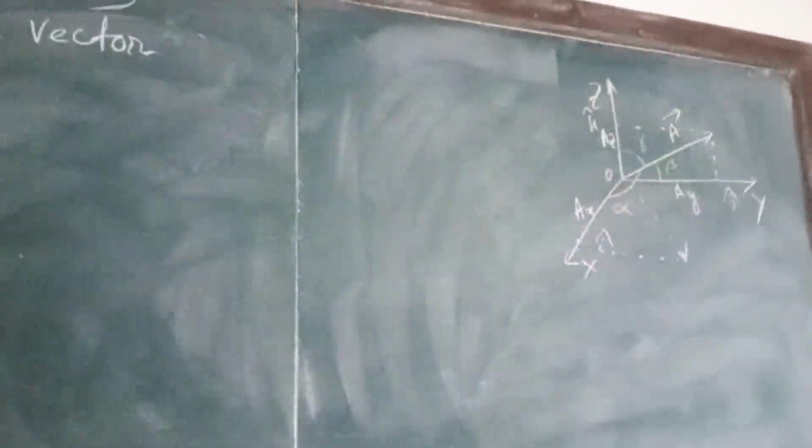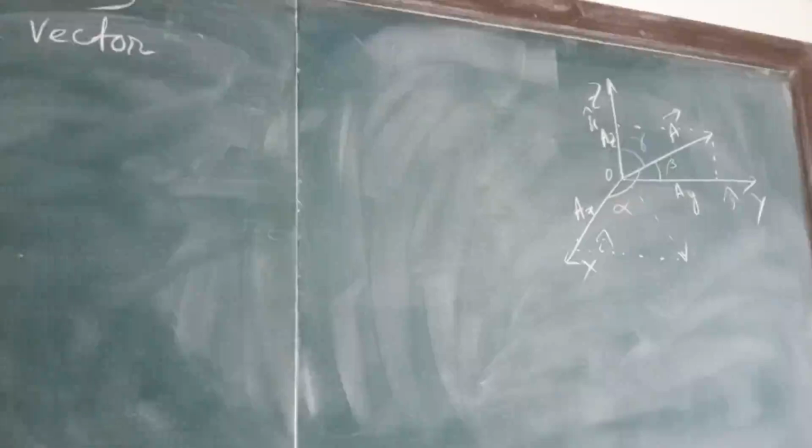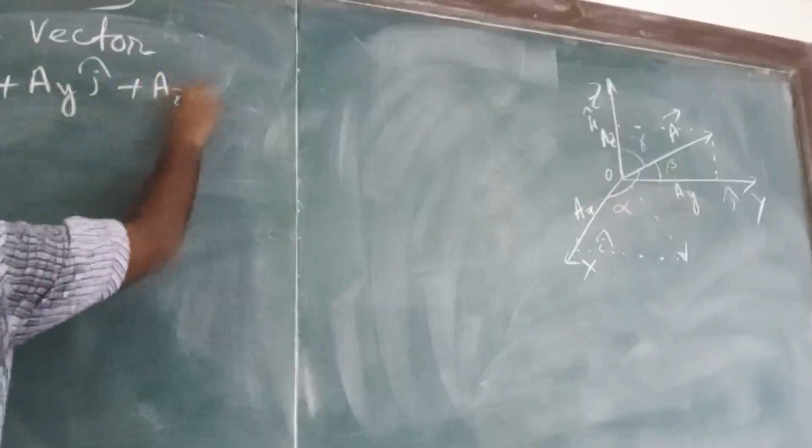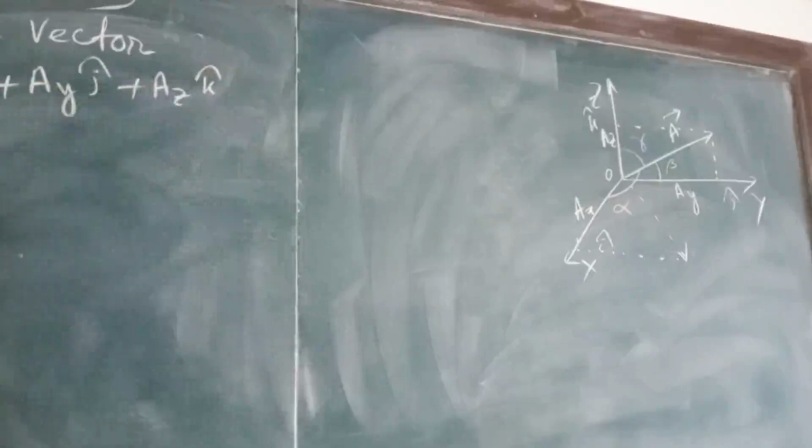then we know the vector A equals ax i cap plus ay j cap plus az k cap.